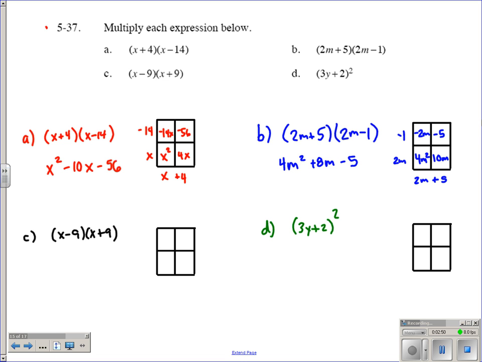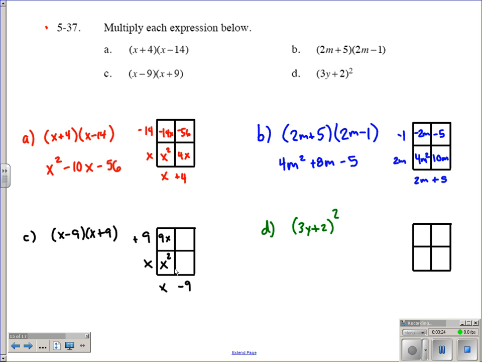Letter C. I have the quantity of x minus 9 times the quantity of x plus 9. So after I multiply these, you should be to the point where you're starting to recognize that this is a difference of squares. So let's see what happens. X times x is going to be x squared. Then x by 9 gives me a positive 9x.